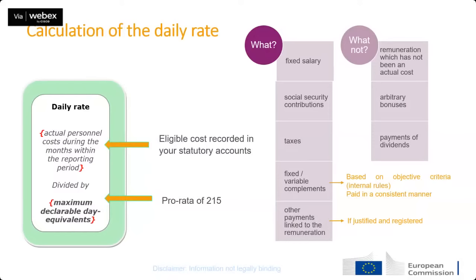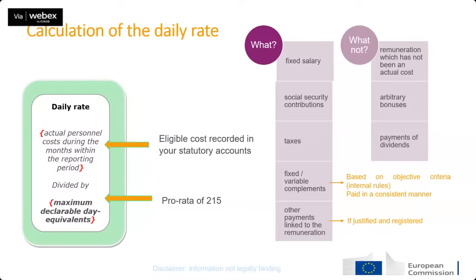You can also have some complements if they are based on objective criteria, if they are defined in some internal rules of the beneficiary and they are paid in a consistent manner, or other types of payments linked to remuneration if they are duly justified. A typical example can be the Christmas pay or the 13th salary, this type of complement that is allowed by your contract. You can also include them in the eligible cost for the calculation of the daily rate.